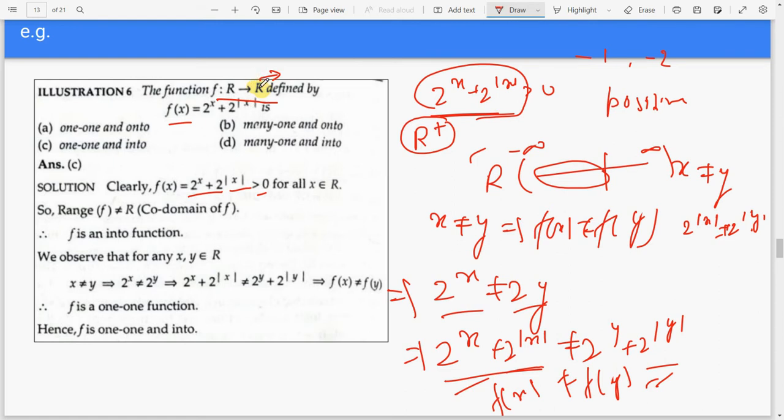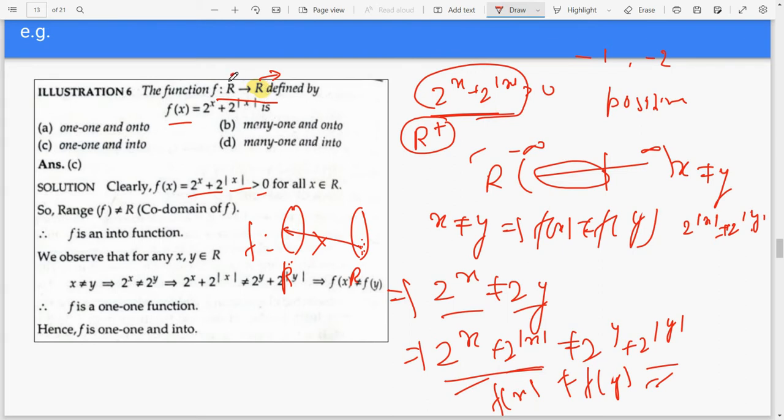So there are some points in R which do not relate to any point in the domain. And what are those points? Those are the negative points.